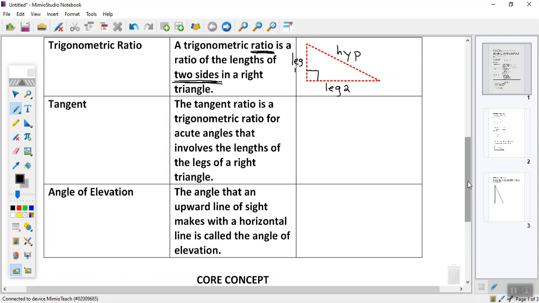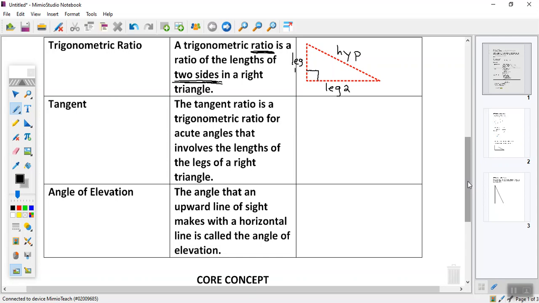Sin actually stands for sine, and that's going to be a different one. But sine, cosine, and tangent are the 3 basic ones we're going to talk about. Today we're just dealing with tangent, but we're going to use those sine buttons and cosine buttons a lot the same way we're going to use the tangent today. They're all trigonometric ratio buttons.